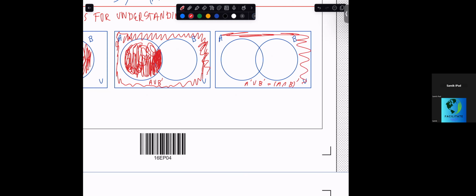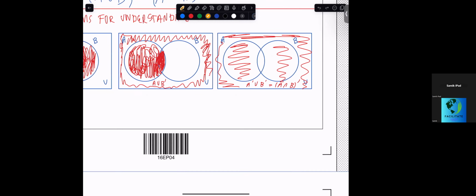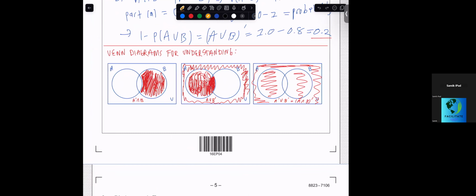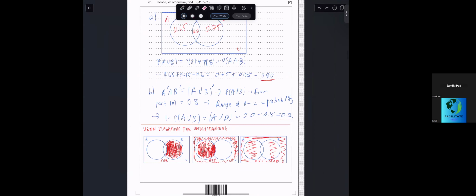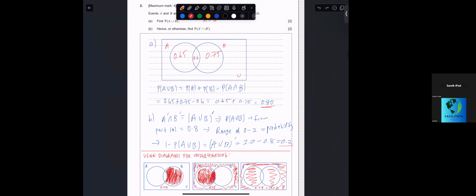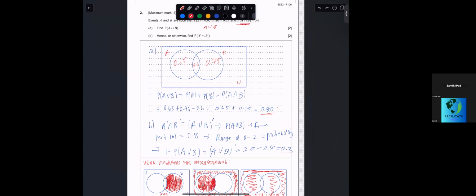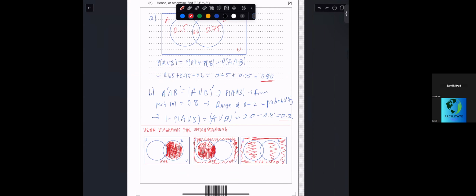So it means all of this, and it means all of this. Only excluding the shared portion. Only excluding this portion. That's all it means. So I hope I create some understanding for you guys in this question. And yeah, so that's the answer for these two questions. A part is 0.8 and B part is 0.2.